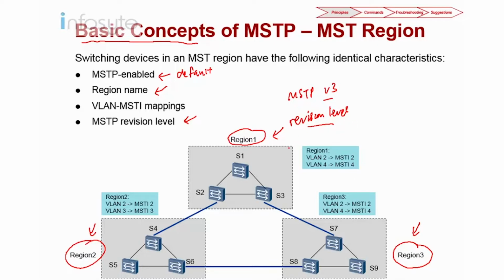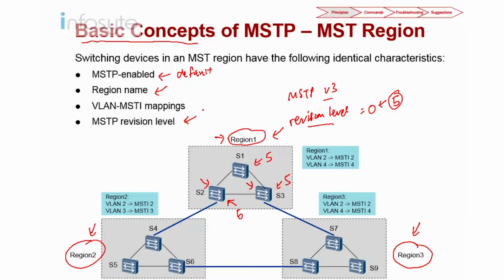For example, if I have these three switches, the default revision is 0, but you don't have to always start from 0. You can start from, let's say, 5. You can choose the number, but if you choose 5 for the revision number, each of these switches has to be configured with 5, and each switch has to be configured with the same name, which is region 1.